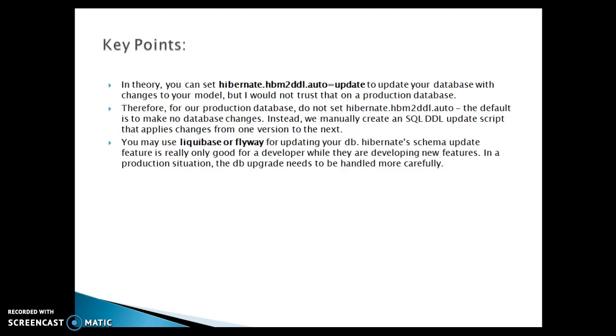Instead, we manually create an SQL script, an update script, that applies changes from one version to the next version. So you will have releases in incremental order for different versions, and we do not allow Hibernate to change the database schema in production.